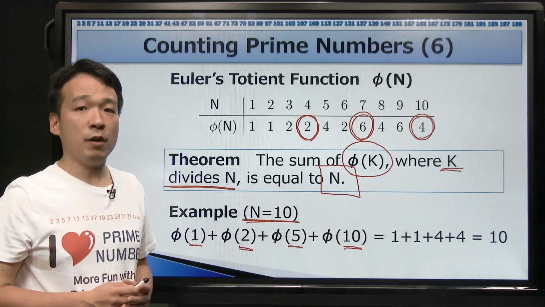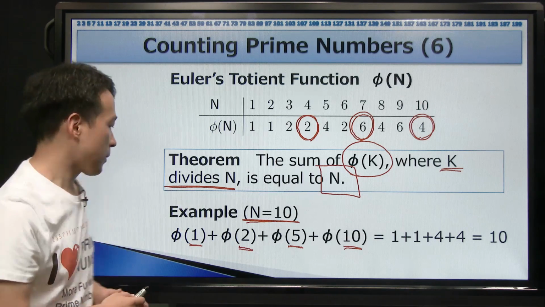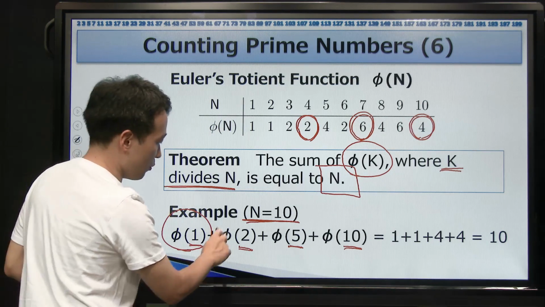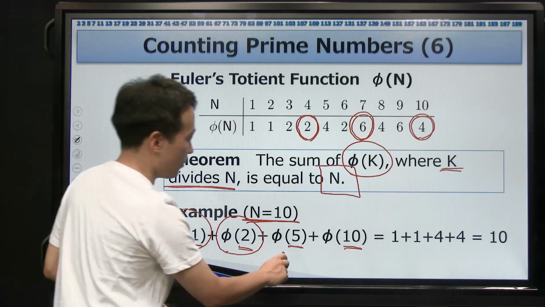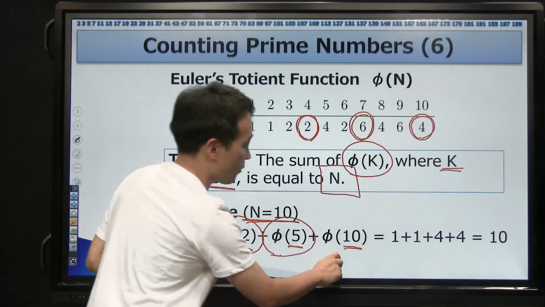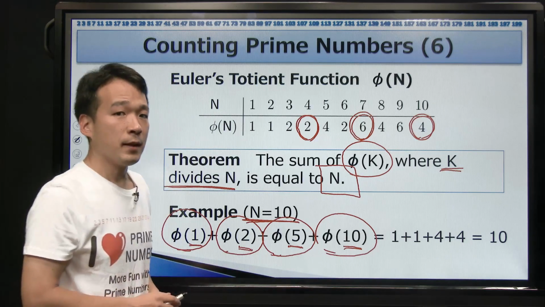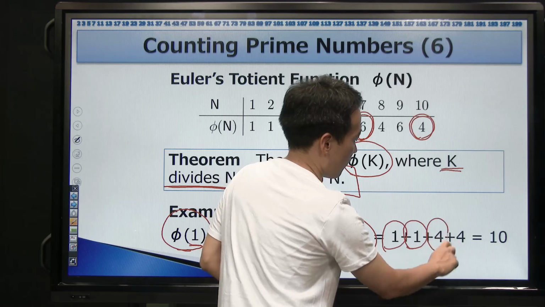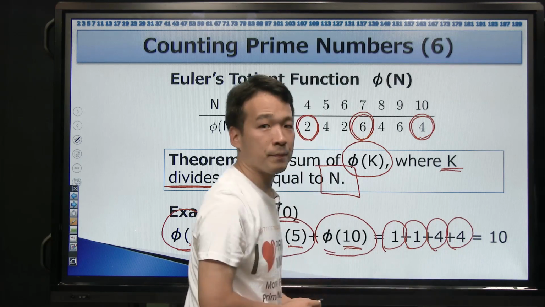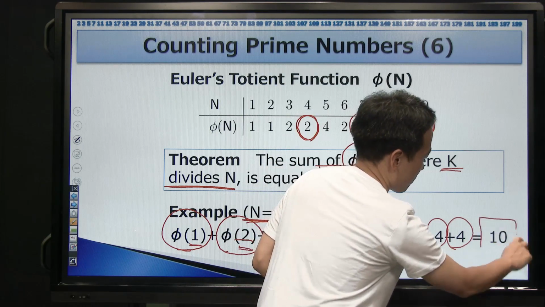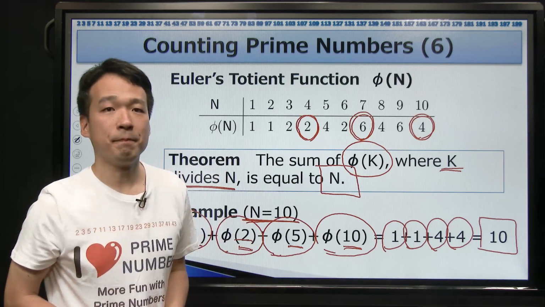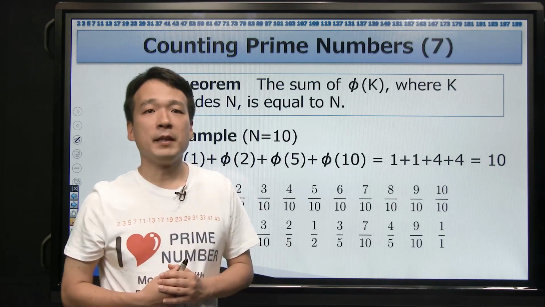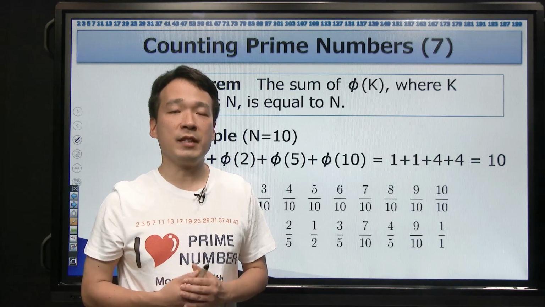Then take the sum of Euler's totient function: phi of 1 plus phi of 2 plus phi of 5 plus phi of 10. It is equal to 1 plus 1 plus 4 plus 4. It's 10. It is not by accident. It is true for any positive integer n.